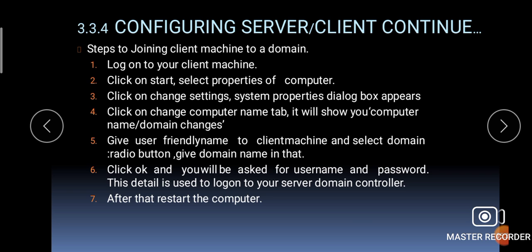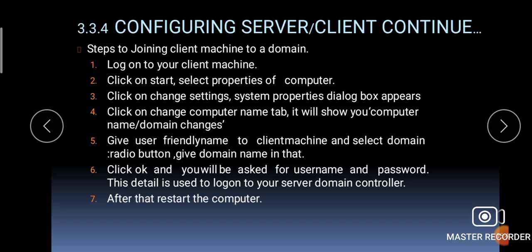Log on to your client machine. Then the second step is to click on Start, select Properties of Computer, then click on Change settings. The System Properties dialog box appears, then click on the Change computer name tab. It will show your computer's name and domain changes.